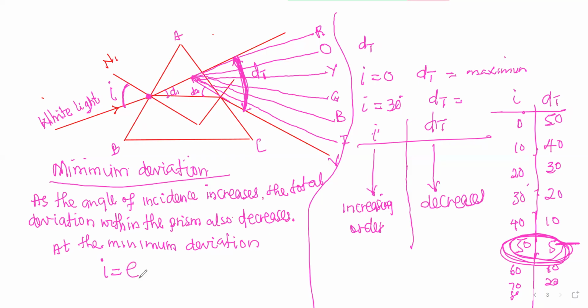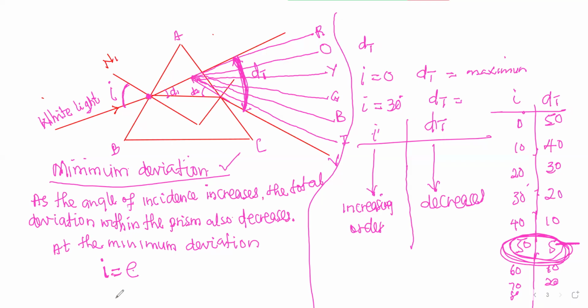If you remember, when we started, I said that for refraction of light in a triangular prism, the angle of incidence isn't always equal to the angle of emergence, but it happens at a particular condition. And this condition is what we are discussing.